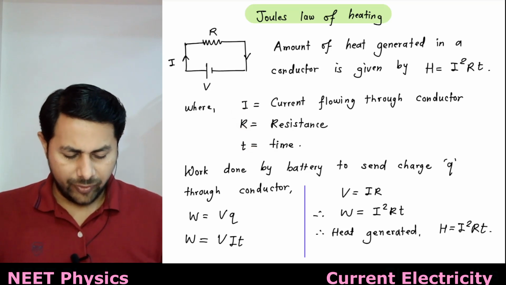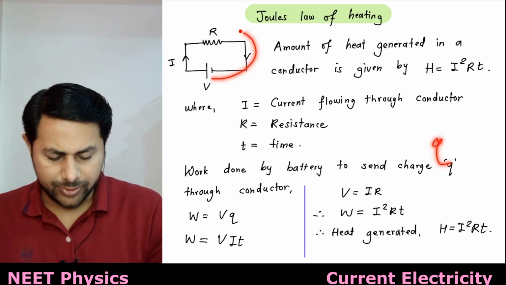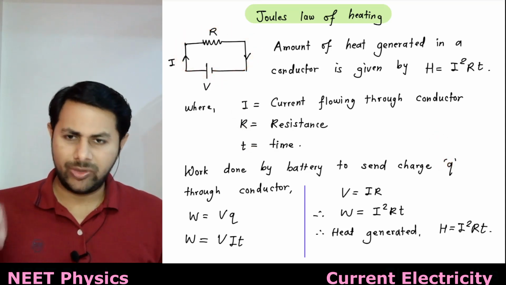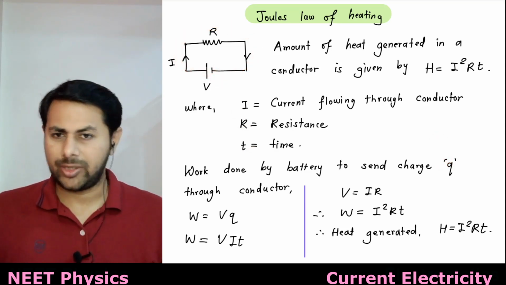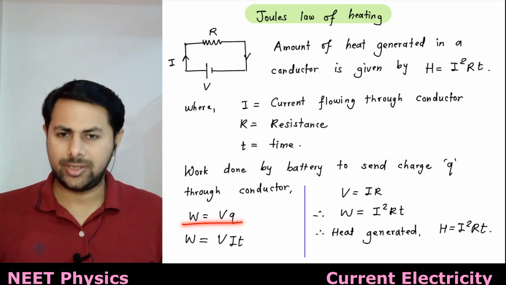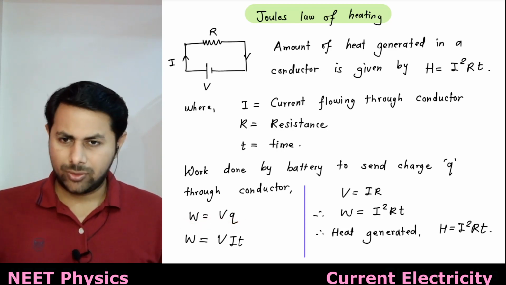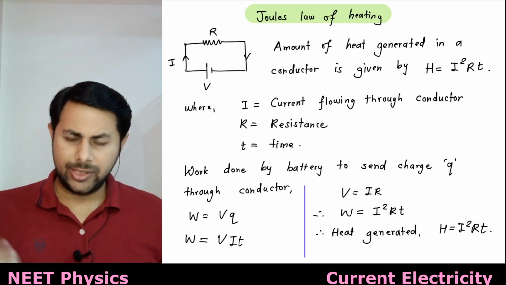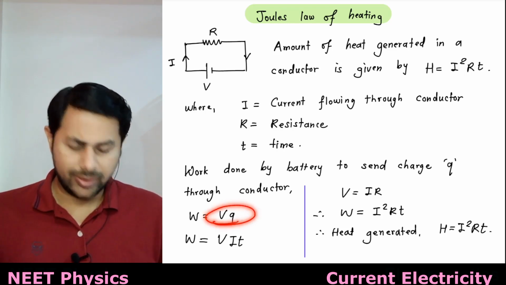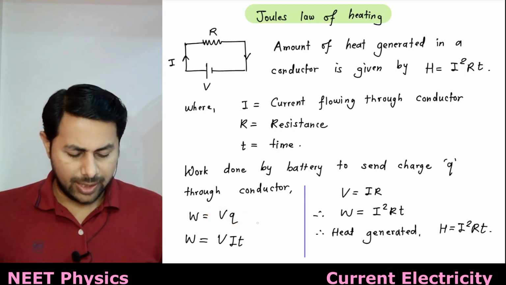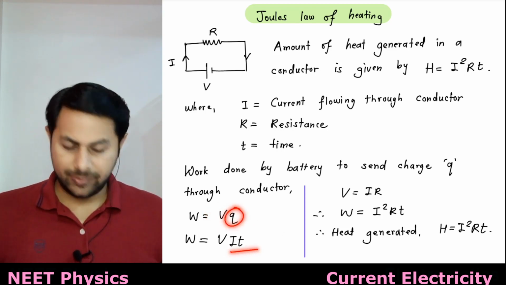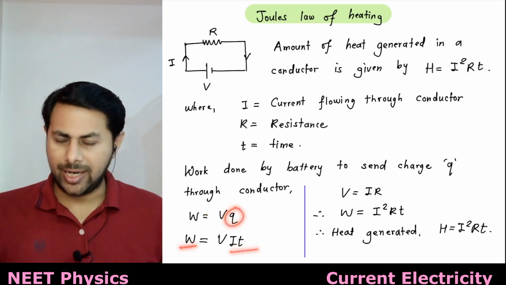Now suppose charge Q moves through a potential difference of V volts, then what is the work done? We know that work done is equal to V times Q. To move that charge you need to do some work, and work done is equal to V times Q, and Q can be written as IT, so that means work done is equal to VIT.